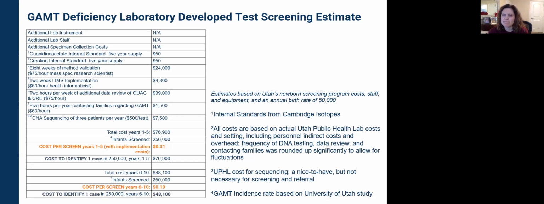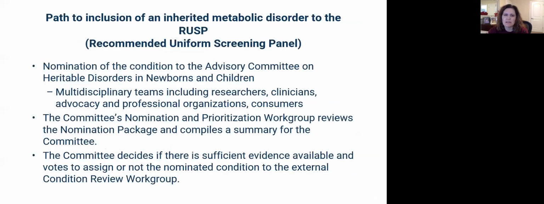So next slide, please. And then I'll let Dr. Pasquale finish up. So Dr. Singh mentioned what is needed to include a new metabolic disorder to the recommended uniform screening panel. I just want to go through the steps. So the first thing is the nomination of the condition to the Advisory Committee on Heritable Disorders in Newborns and Children.